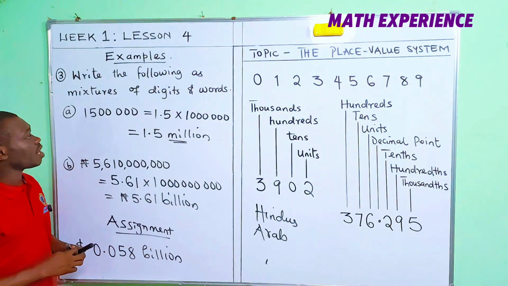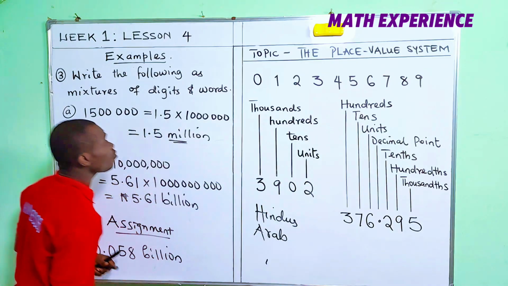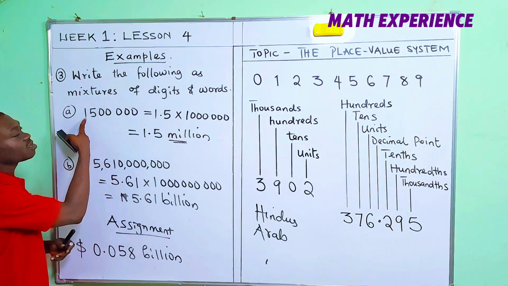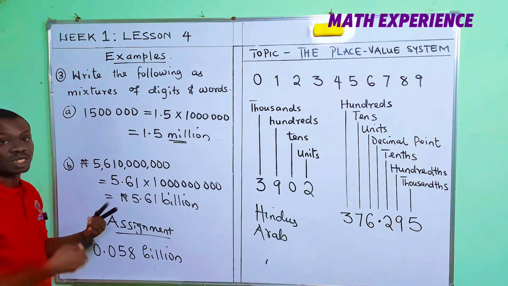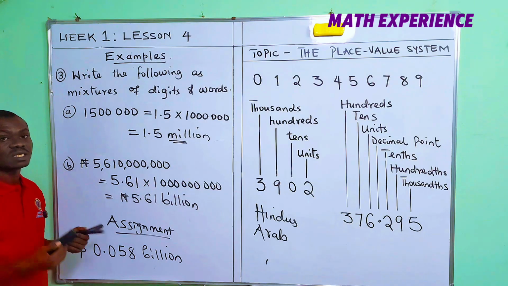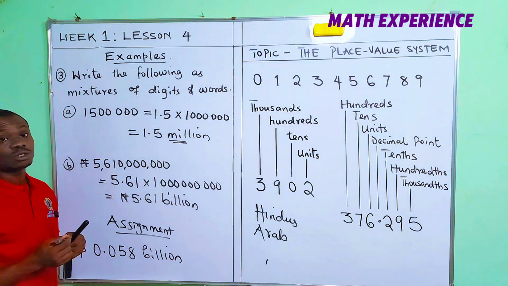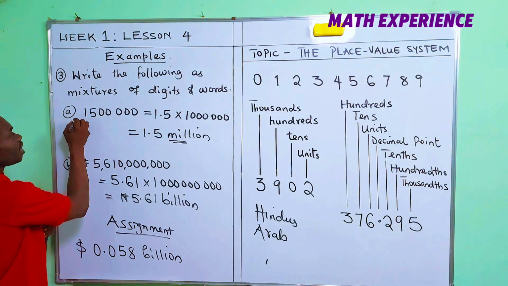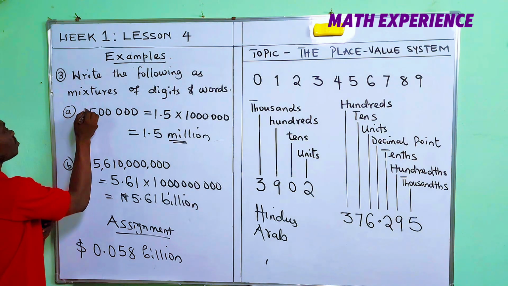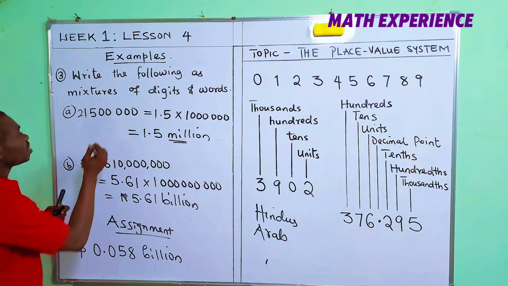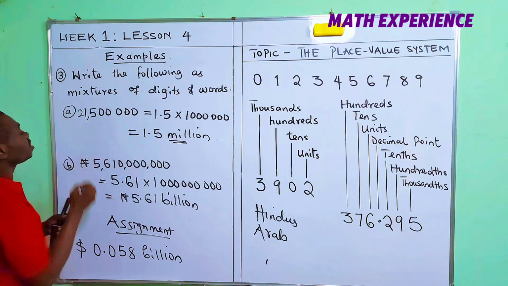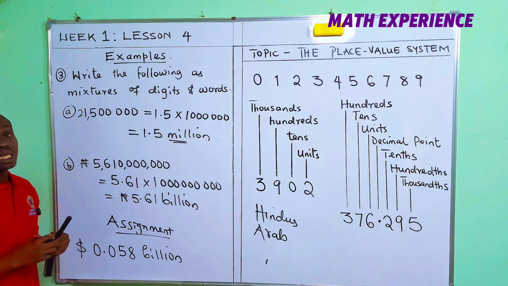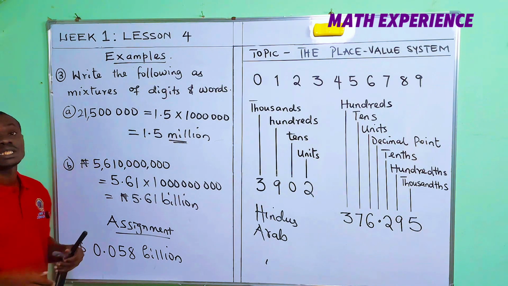Okay, the other question I would want to ask is, what will you do if it is not unit? I've been mentioning unit. What if it is not unit? What are you going to do? Okay, so let's assume what you have here is something like 21,500,000.